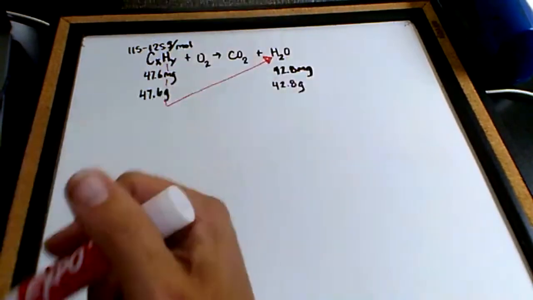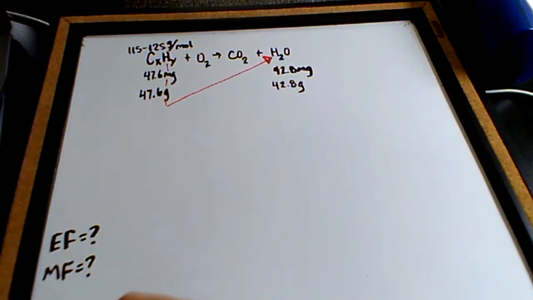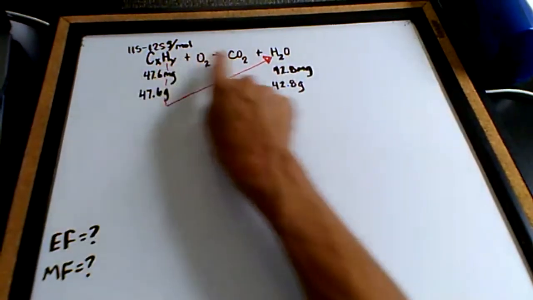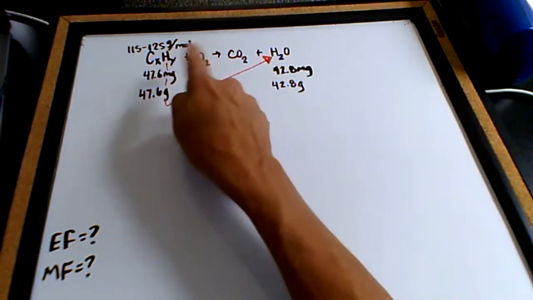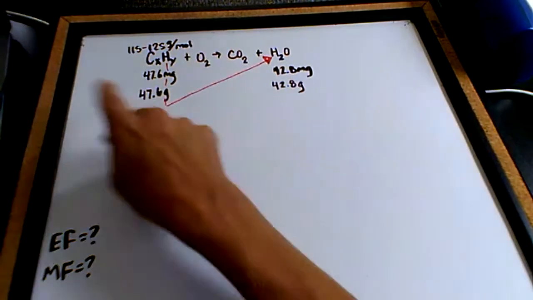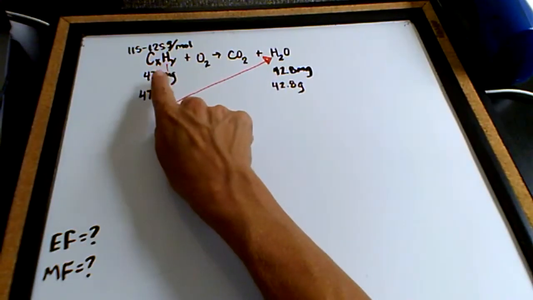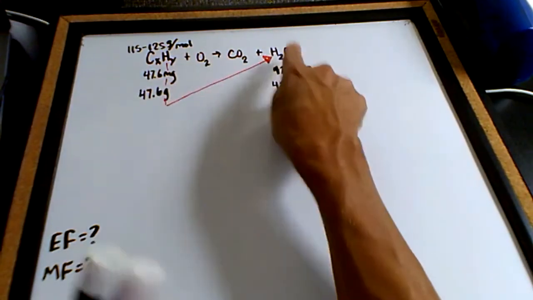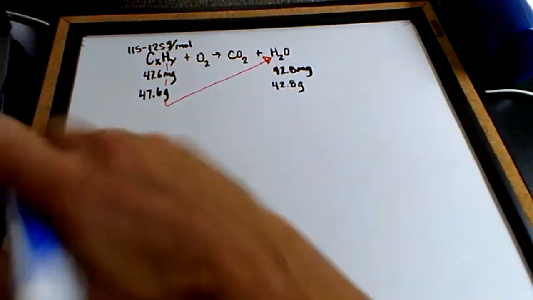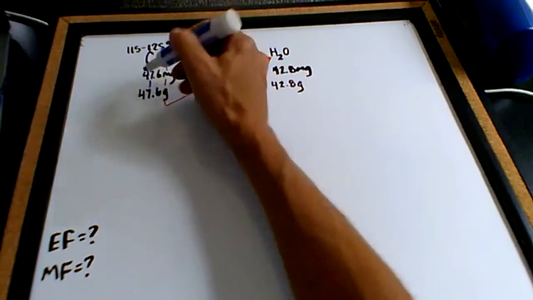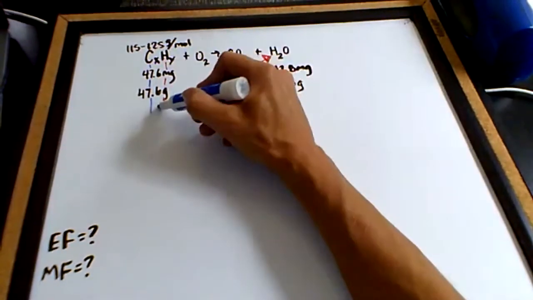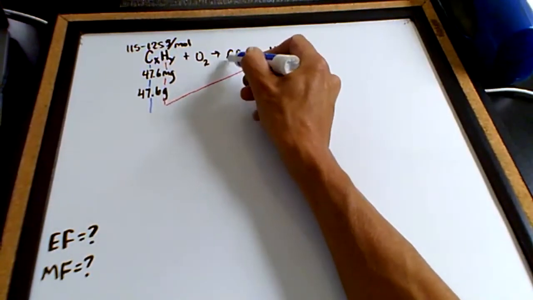But we know that all of our hydrogen went here because we didn't create or destroy any hydrogen atoms. We take them from this compound and put them in a new compound. We also know that all of our carbon must have gone into our carbon dioxide, right?